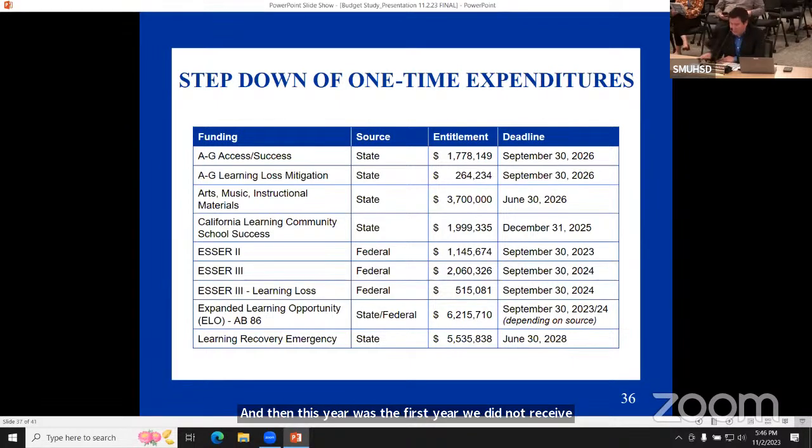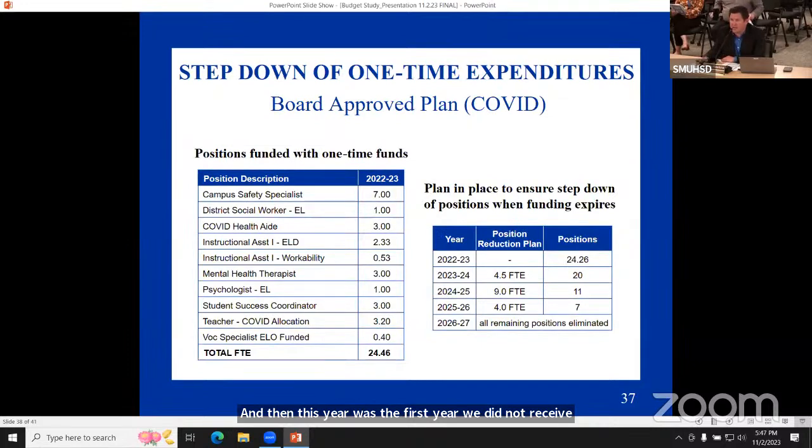And so I'll go on to the next slide, where in the spring, when the governor's budget did not include any one-time funding, we formalized the step-down plan, which came to the board in March with the second interim.